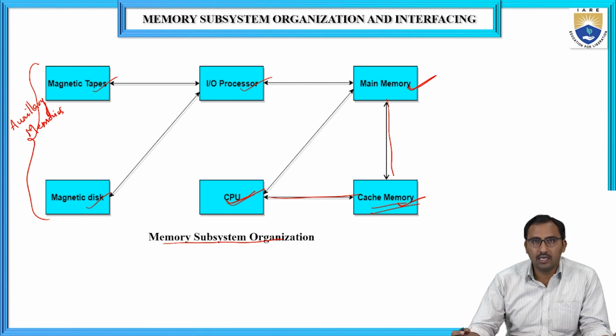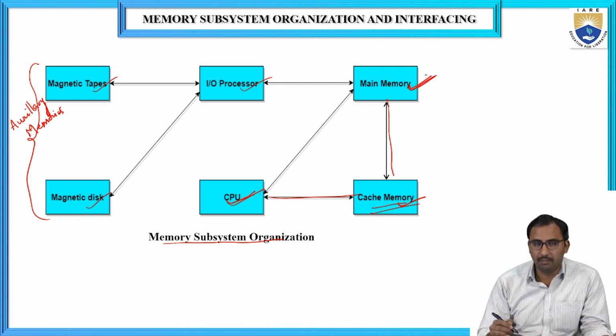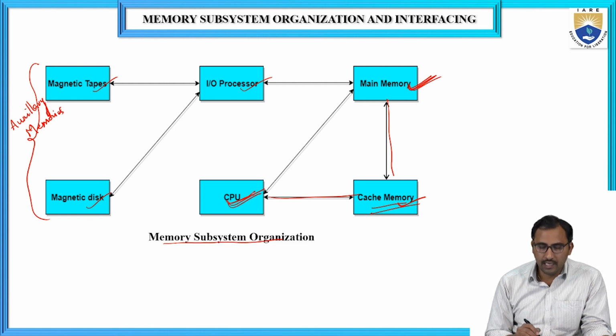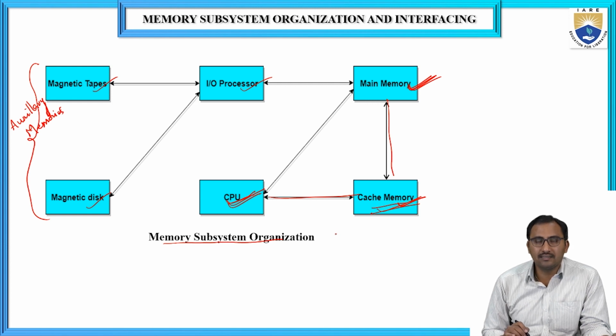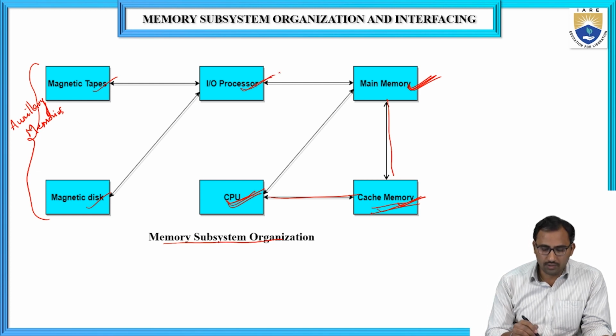Due to that, there is a mismatch in the data transfer rates between the CPU and the main memory. In order to synchronize the data transfer rates between the main memory and the CPU, in between we are placing a small amount of cache memory. So this cache memory will synchronize the data transfer rate between the CPU and the main memory. So that is the use of the cache memory and I/O processor.